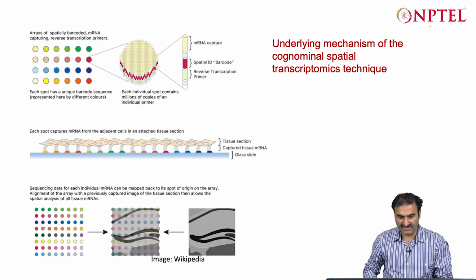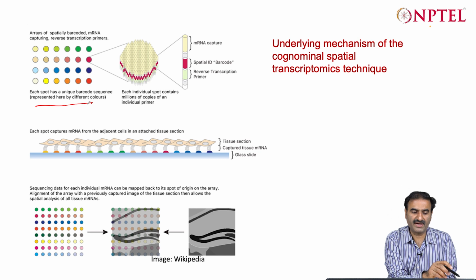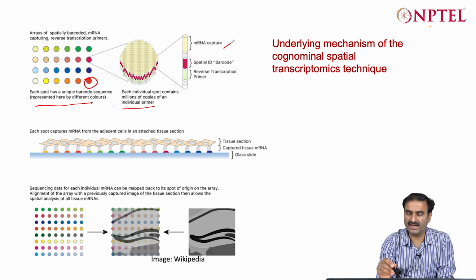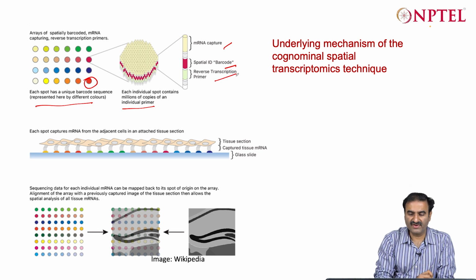Most of the things are similar. For example, in this case you have an array of spatially barcoded mRNA capturing reverse transcription primers. Each individual spot on this array contains millions of copies of an individual primer, which looks like this: it contains the mRNA capture sequence to capture the mRNA from the cells in that tissue, the barcode for that particular location, and the reverse transcription primer.